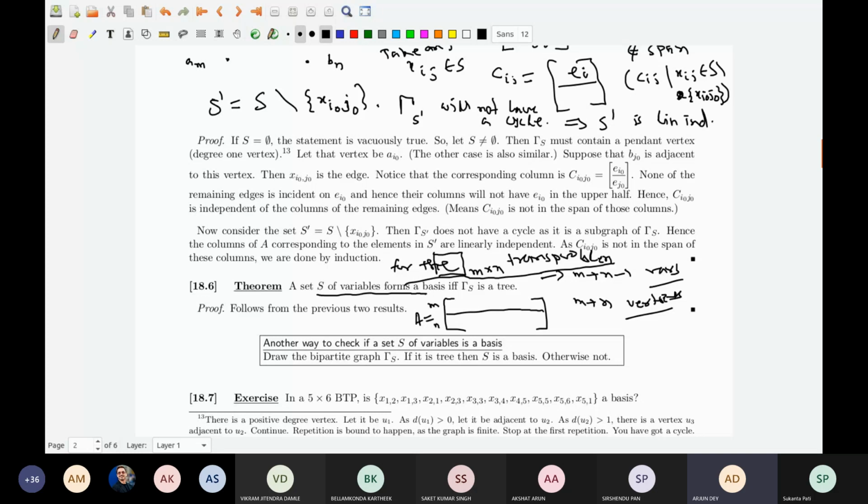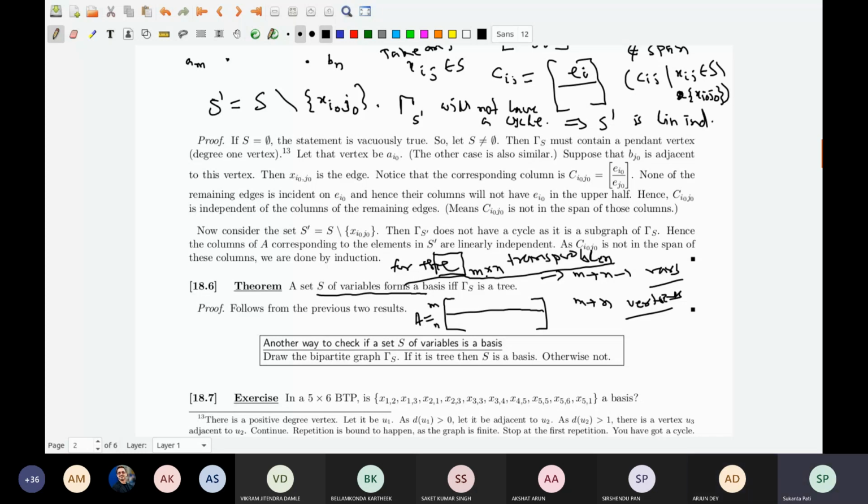Like I thought that some vertices would be left out of the edges. Yeah, this is in the context of our M by N transportation problem. Otherwise, you would ask what is M. The total context is that you do not leave out any vertices while you are drawing.